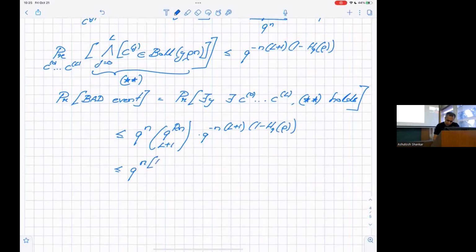So it's 1 plus R times (L plus 1) minus (L plus 1) times (1 minus H_q(rho)).